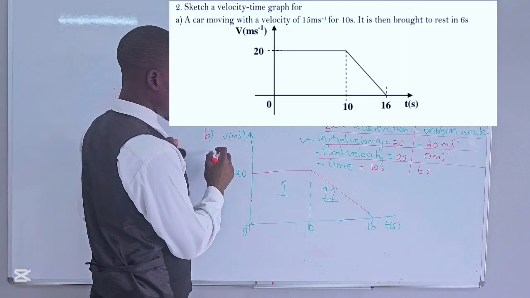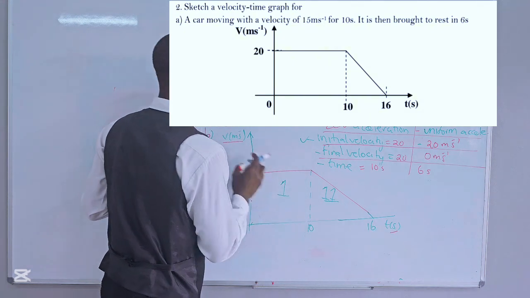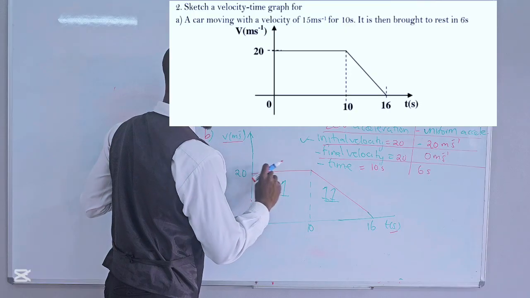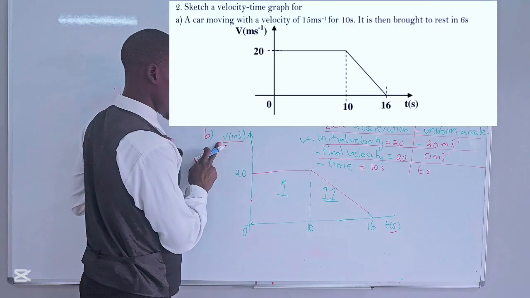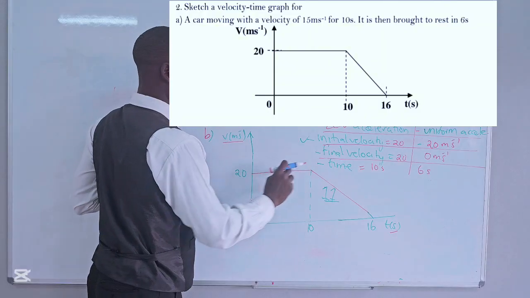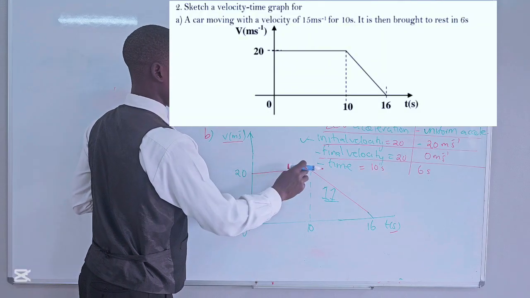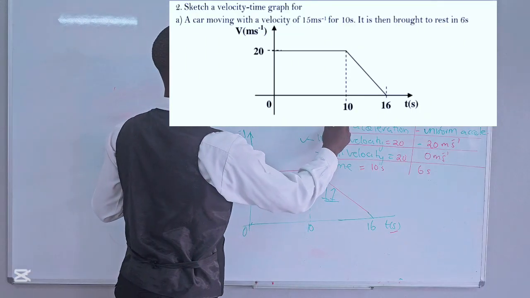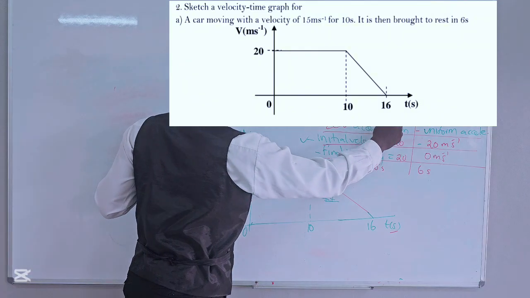This is a velocity time graph, velocity against time. So a straight line implies that the parameter on the y-axis, which is the velocity, is not changing. So at this part here, we are having a constant velocity, or a uniform velocity.